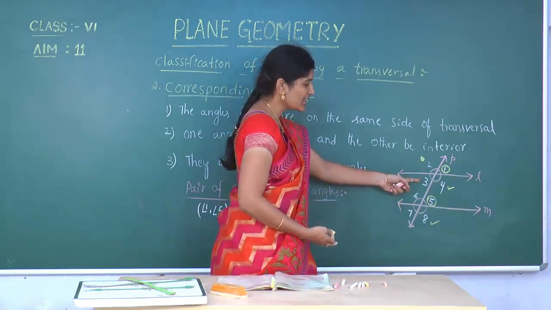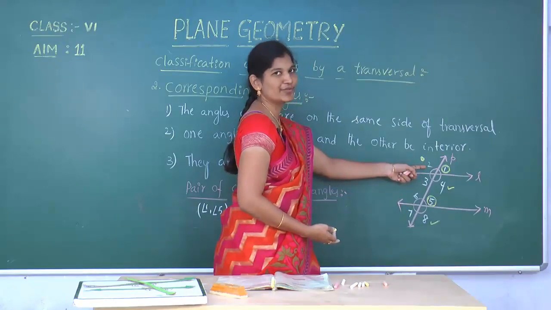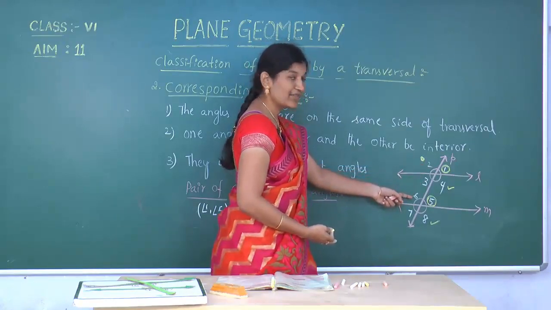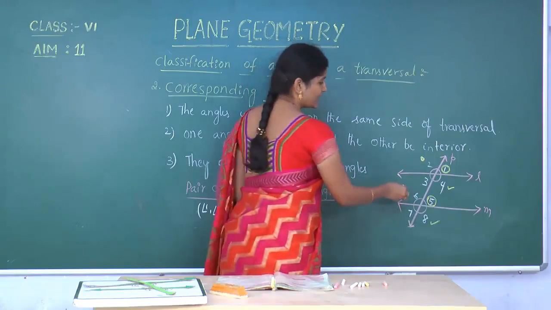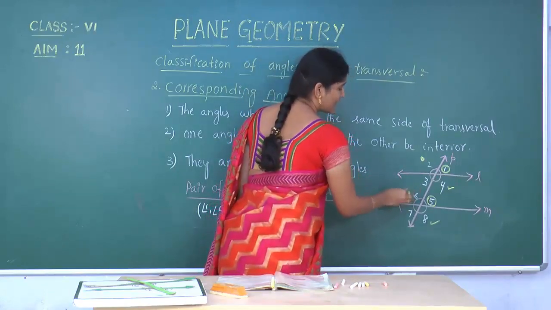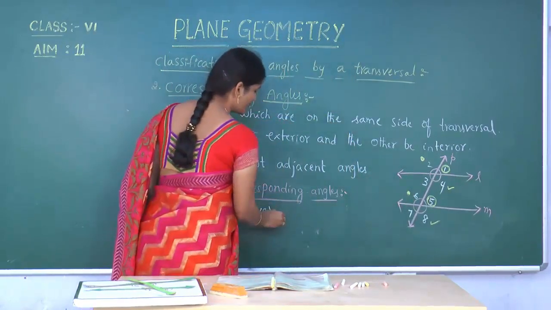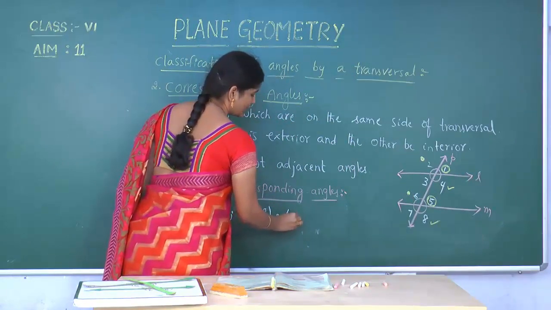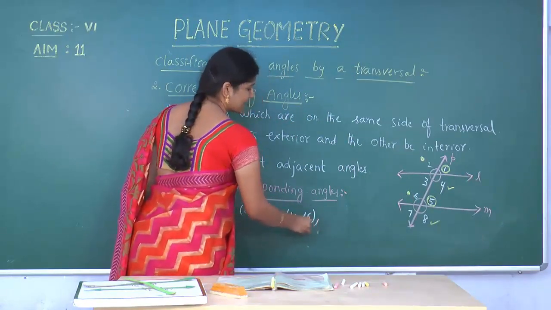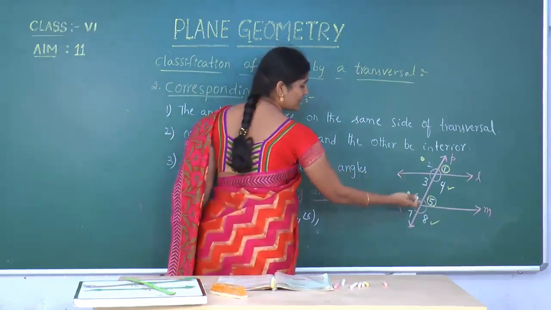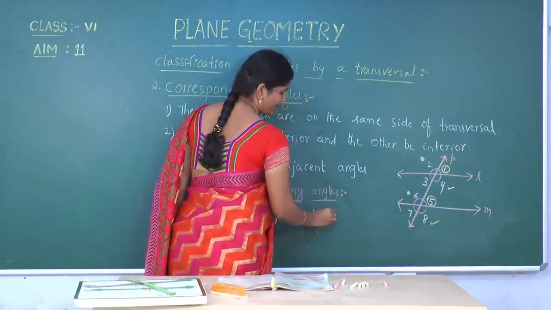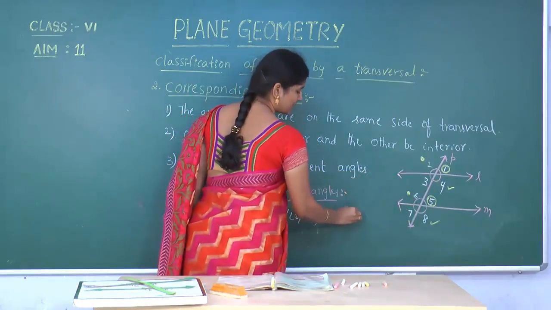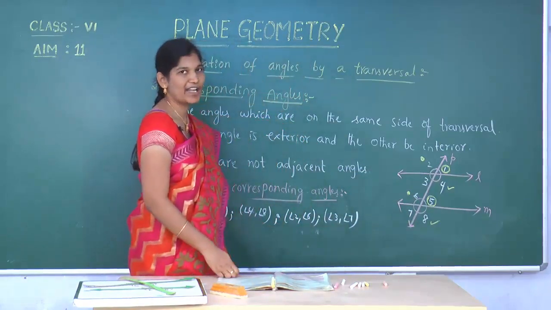Because here 3 is adjacent to 2. That's why I am going with 6, and here 2, 6 are corresponding angles to each other. So angle 2, angle 6, and the remaining pair is 3 and 7. Angle 3, angle 7 are corresponding angles.